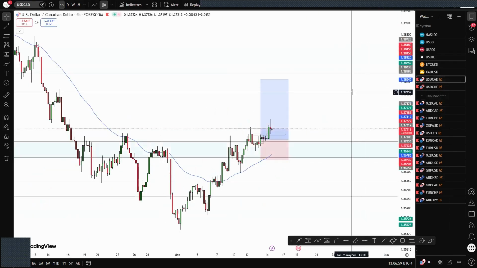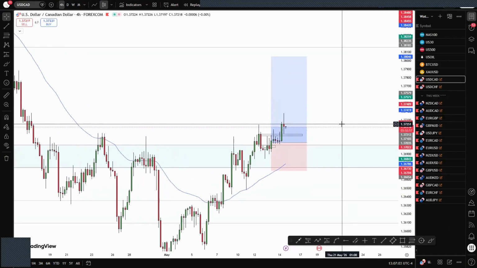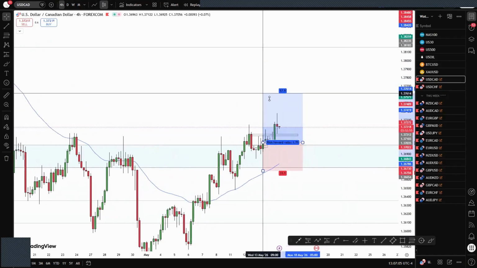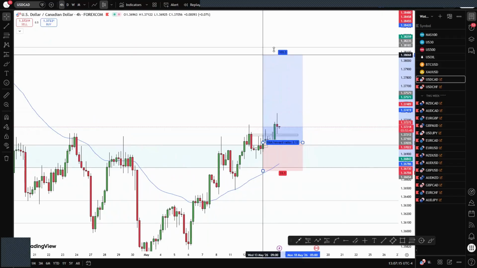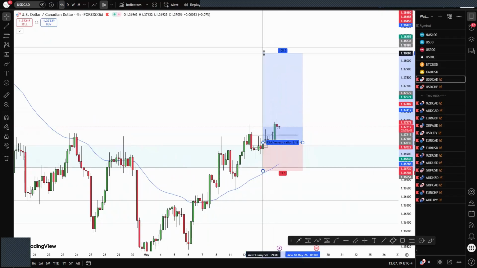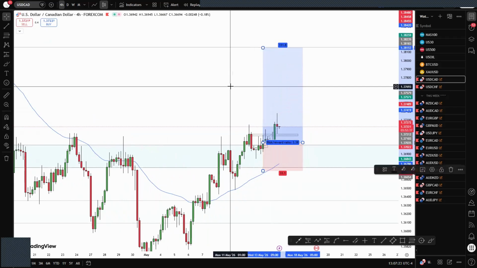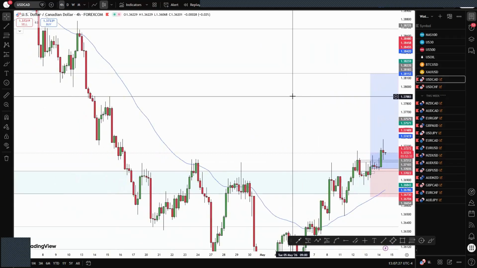And USD CAD had that nice push. We first hit our 1 to 1, which is fine, and for now we just have to hold until price reaches our take profit. Then we'll be ready to come out.